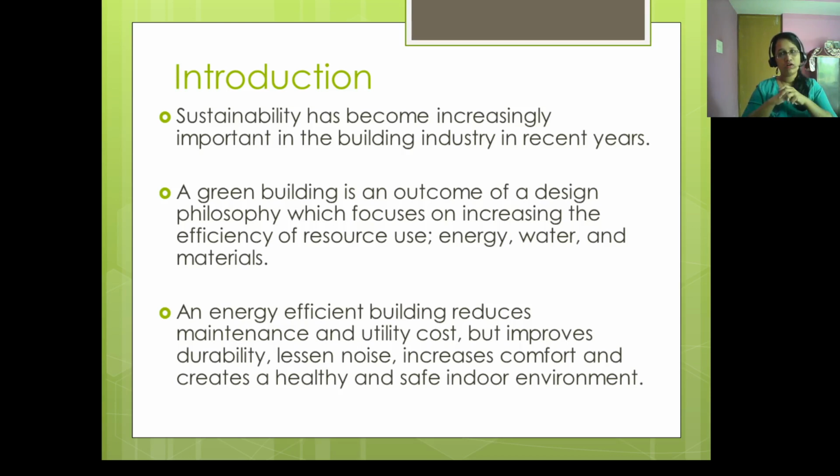So the goal of energy efficient construction is to limit damage to the ecosystem and reduce the use of natural resources like energy, land, water and raw materials. Reducing the energy consumption is crucial because it means fewer emissions of greenhouse gases, which are known to cause global warming.